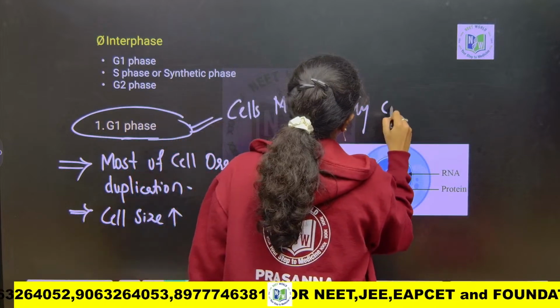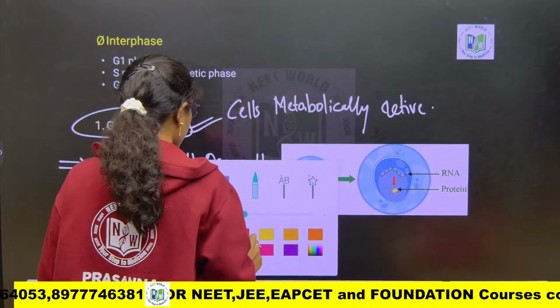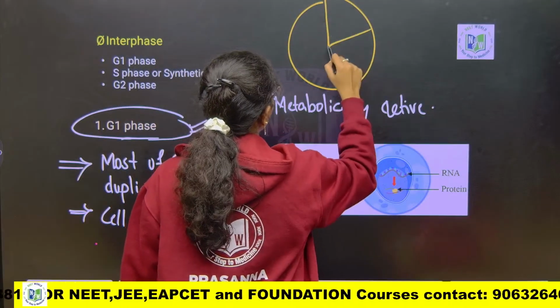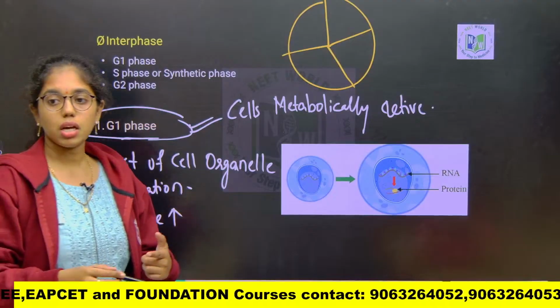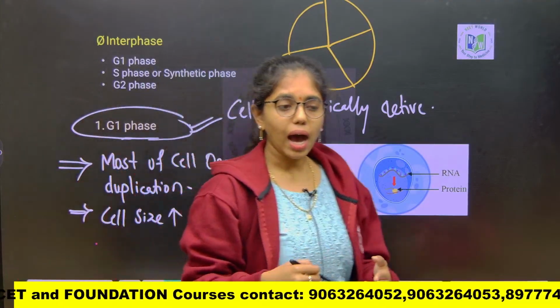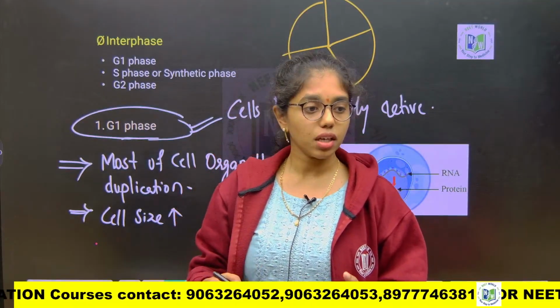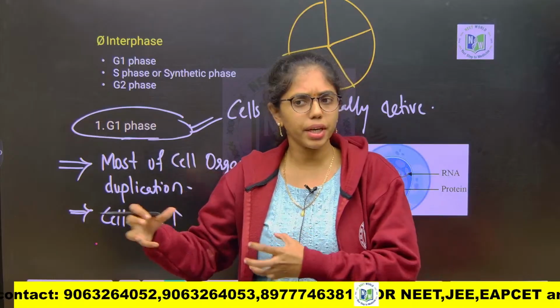Now, after G1 phase, what is the next phase? S phase. But before going to S phase, how about few cells like nerve cells or heart cells? Will they have repetitive cell cycles?